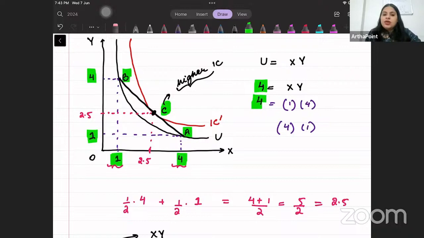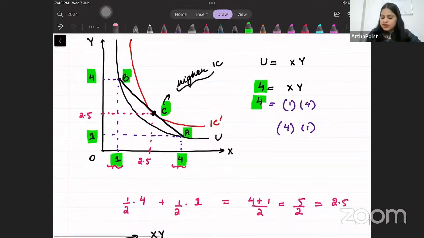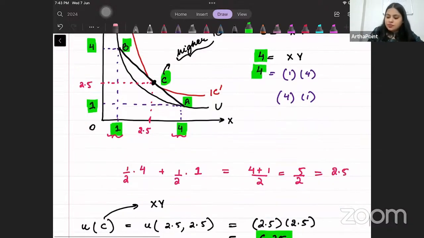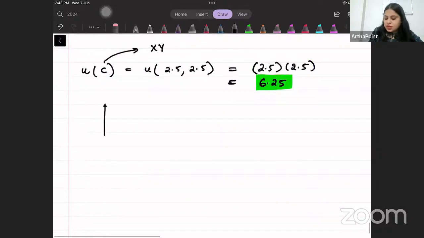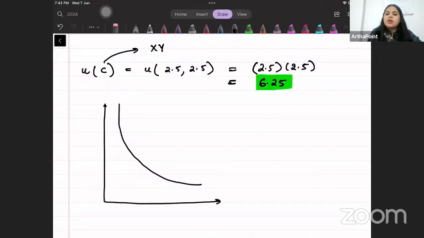Now, if I were to generalize this, we can do it in terms of x1, x2 also. Let's say we have this IC. Let's say this is the bundle x1, y1. This is the bundle x2, y2.